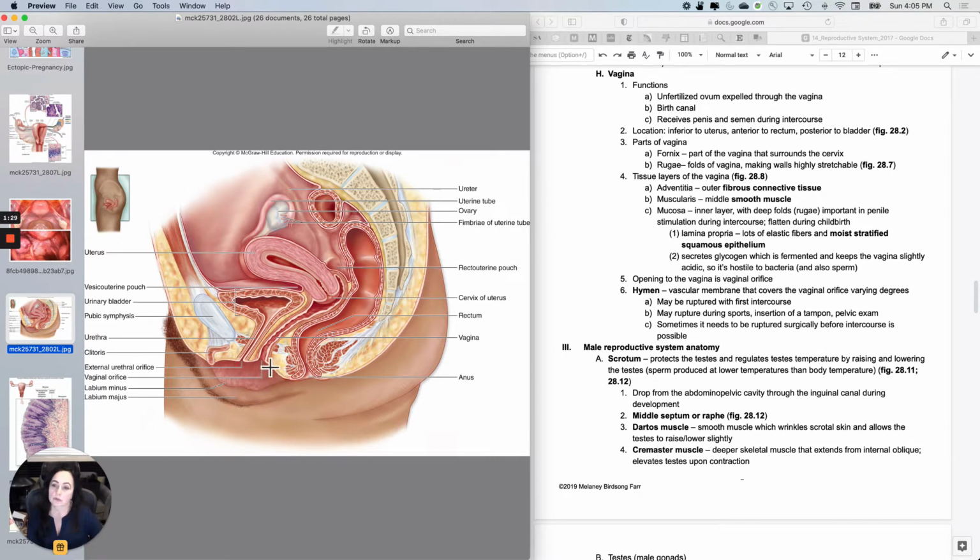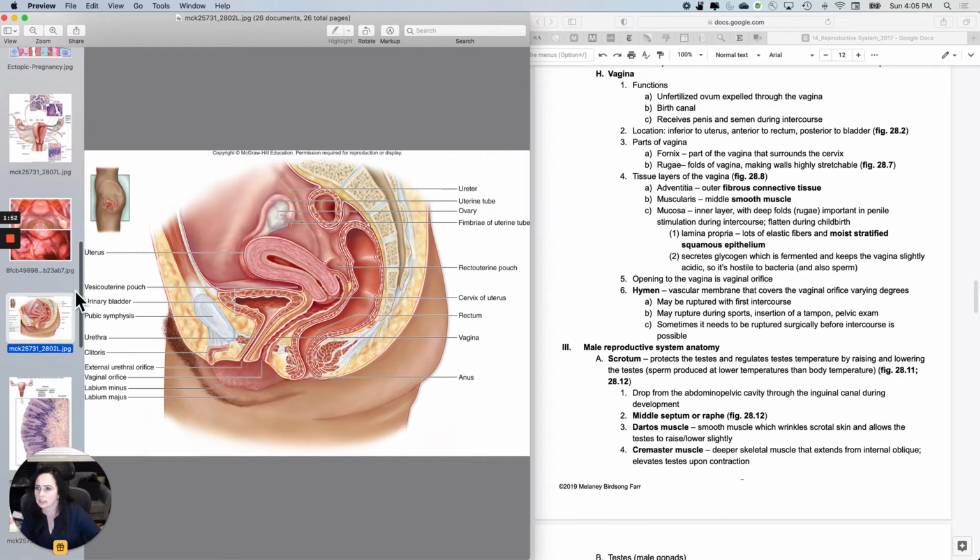It is, of course, the birth canal for a vaginal delivery. Okay, and of course, during typical vaginal intercourse, it's going to receive the penis and the semen.